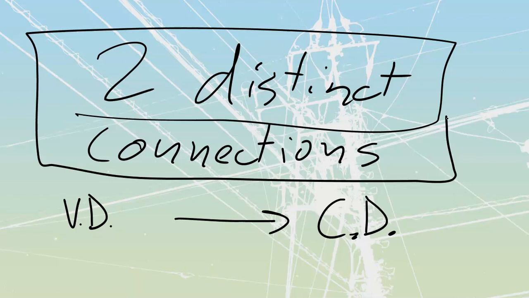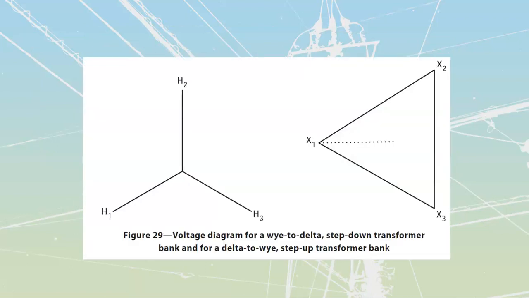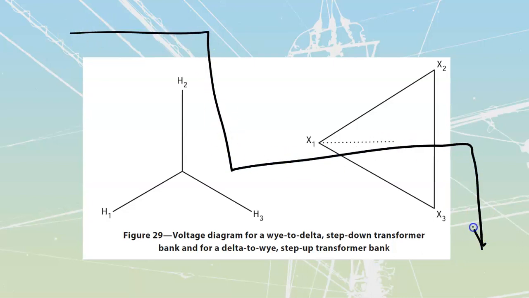When we were doing Y to Y or delta to delta, we saw that our high side was connected the exact same way as our low side. But now we're going to get into some really different and in some cases super funky types of connections. The two sets of connections are going from a Y high, because we're doing Y to delta, to a delta low.